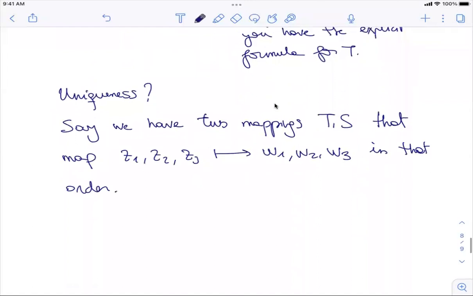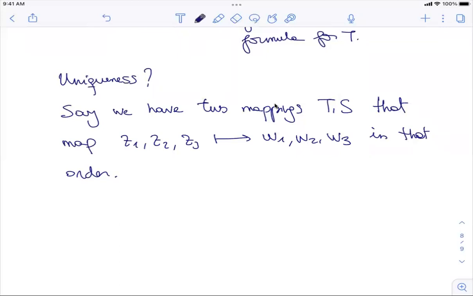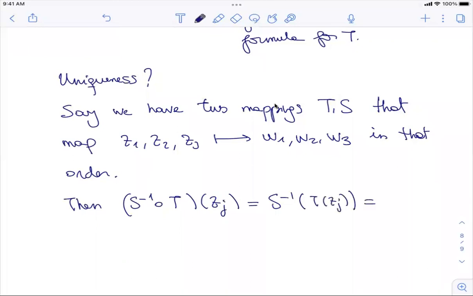Okay. Now, if we take the composition of T and S minus 1, what is it going to do to each of the Zj's? So you see, this goes S minus 1 of T of Zj, which is S minus 1 of Wj.